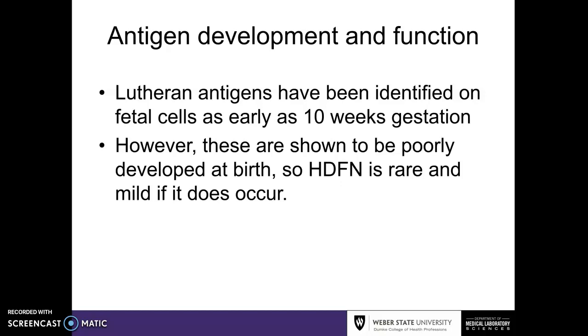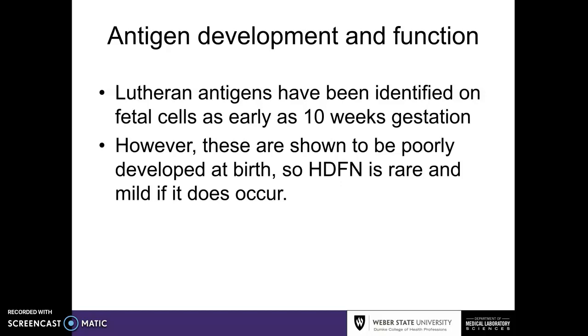Lutheran antigens have been identified on fetal cells as early as 10 weeks of gestation, though they are shown to be poorly developed at birth, and HDFN is rare and mild if it does occur. Another reason that is speculated to not cause HDFN, and to be mild if it does, is because the Lutheran antigens are present on many different tissue types as well.